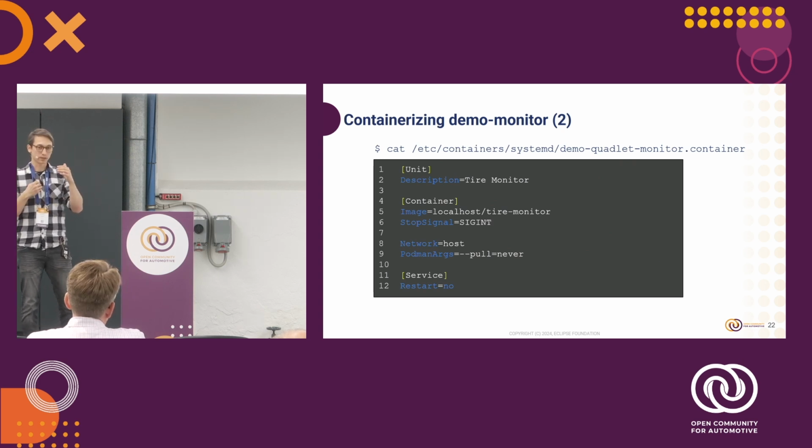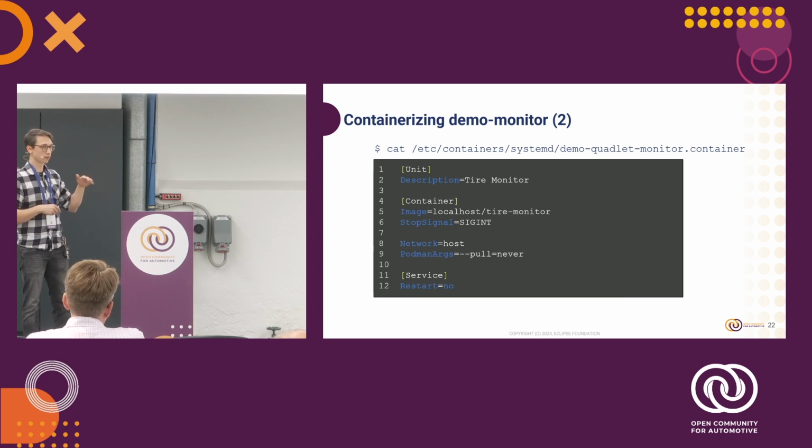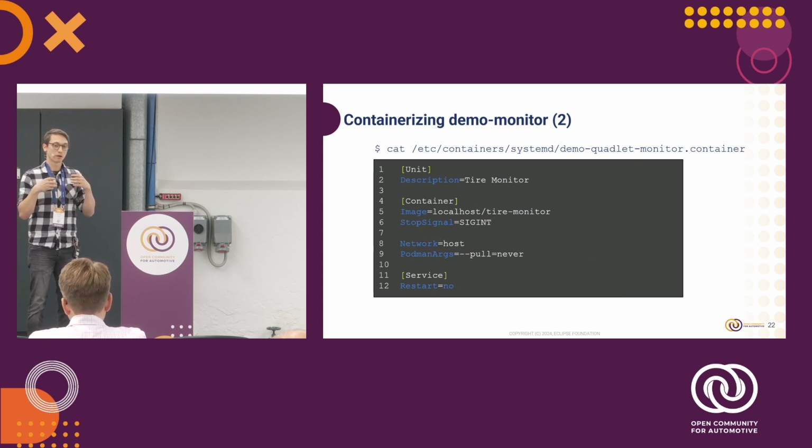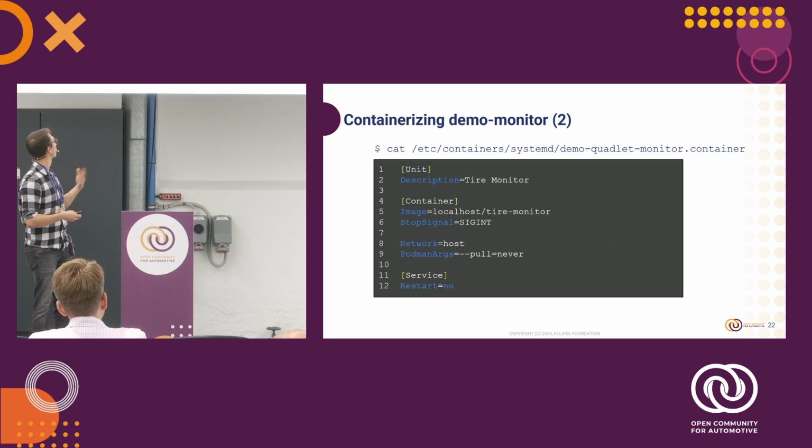Basically the same syntax as a systemd unit file, with the Unit and the Service section, for example, with the small addition that you have a Container section as well, where you can specify the image that you want to use, as well as all different kinds of Podman arguments. In this case, I wanted to have the stop signal be SIGINT.